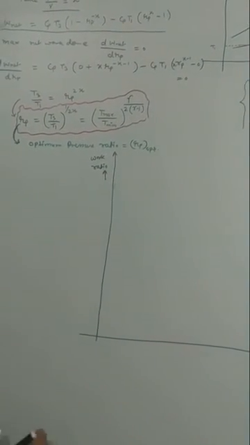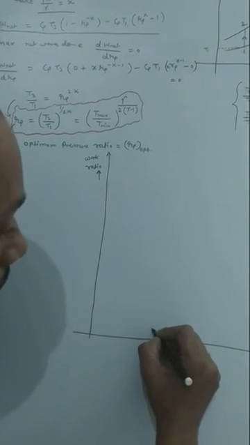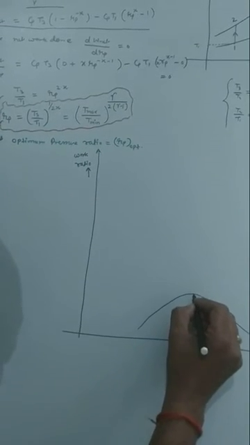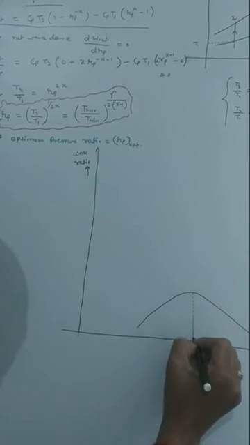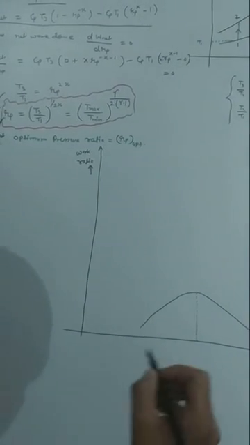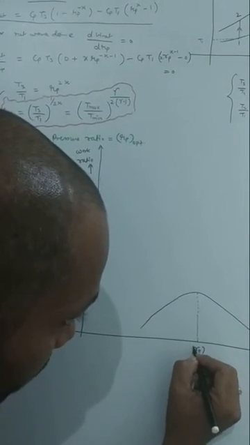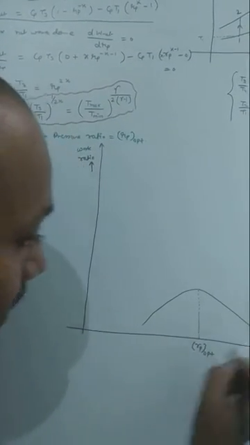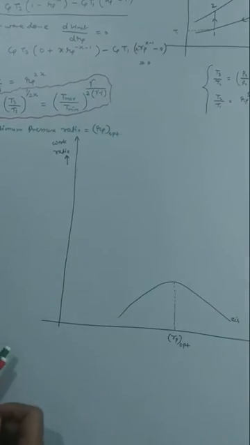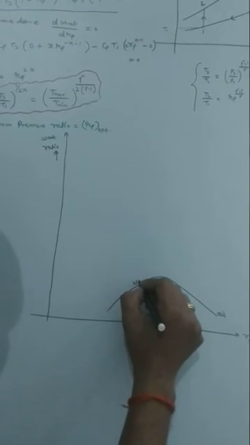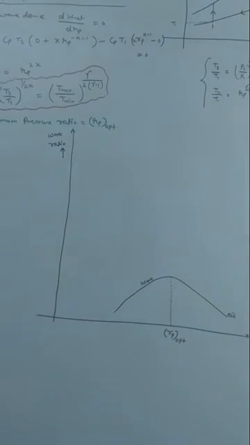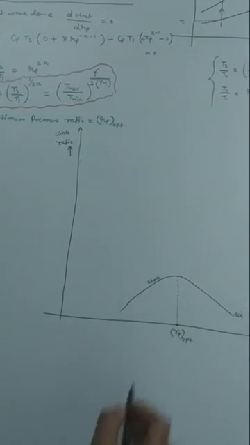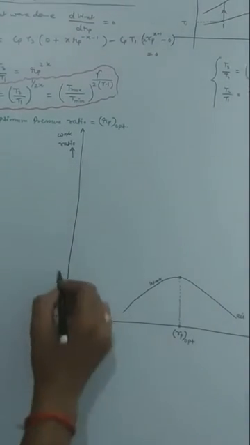So we can draw a diagram where this is the Rp optimum for air. This is the graph for work done when the working fluid is air. Then this Rp is called Rp optimum. This is the maximum work done.